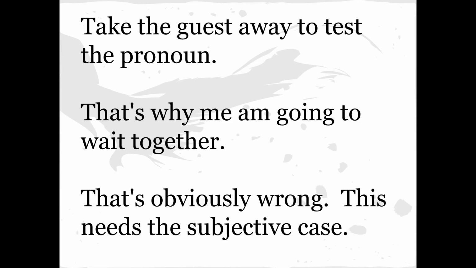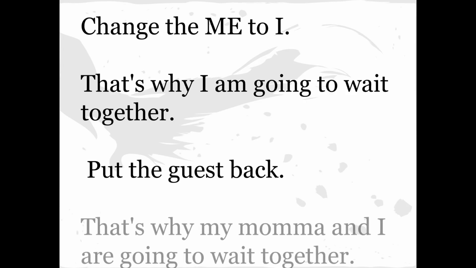Now that's obviously wrong. This one needs the subjective case. The subjective case of me is I. So we'll change the me to I and say, "That's why I am going to wait together." And now we can put the guest back. "That's why my mama and I are going to wait together." Now we have a correct sentence in standard English.